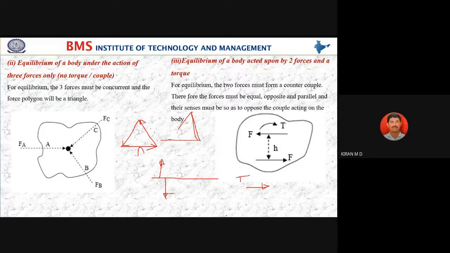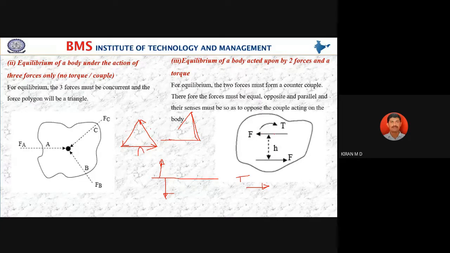Whatever torque you applied on that particular steering wheel, if you want to maintain equilibrium, that means stop the rotation, what should be the other torque? The same torque in the opposite direction. That is the condition.